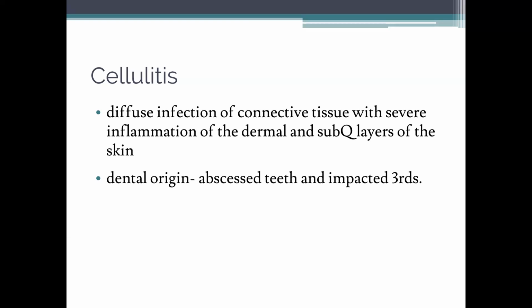If I have, say, number 30, and it has an abscess tooth, if that infection spreads, it becomes more diffuse, it's spread out. Well, it gets into my soft tissues. It can leave the bone and get into soft tissues. Most commonly, we're going to see it with abscess teeth, and we're going to see it with third molars.